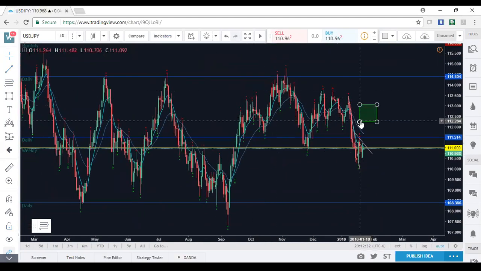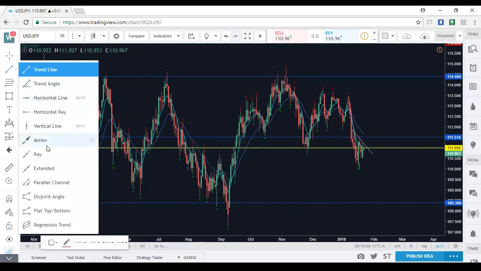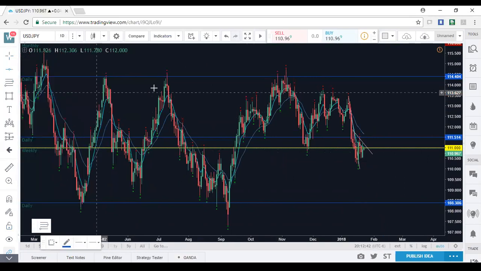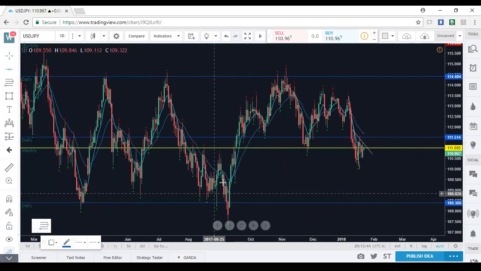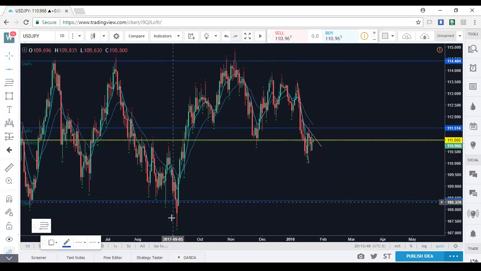So for the intraday, I would start on my daily chart for sure, and I would mark up just a few more daily key levels. What I mean by that is I'm looking for the breakthrough of a price and a pullback, or a trend and a pullback.